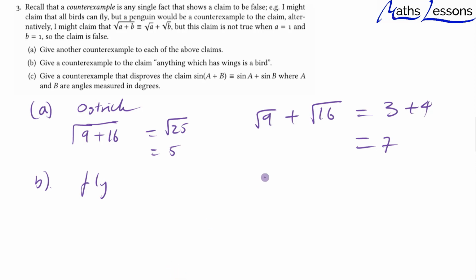in that. On part C, we need a counterexample that disproves the claim sine a plus b equals sine a plus sine b. Now this is a common misconception. Even students who have discovered the formula still make the mistake of thinking sine of a plus b equals sine a plus sine b. Let's just have a look at an example.